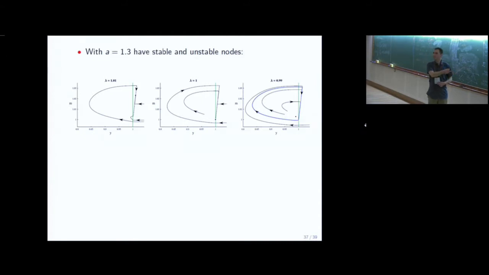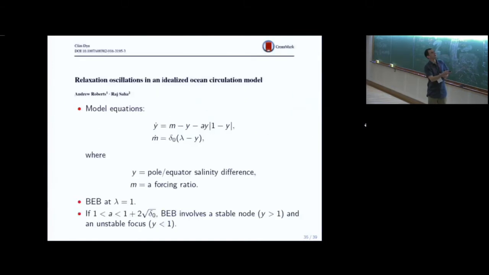Nevertheless, you'll notice that there is a limit cycle here. However, it's a large amplitude limit cycle. It occurs due to some global features in the model. The model we're looking at is not piecewise linear. You've got a quadratic term, a y times a y is y squared.